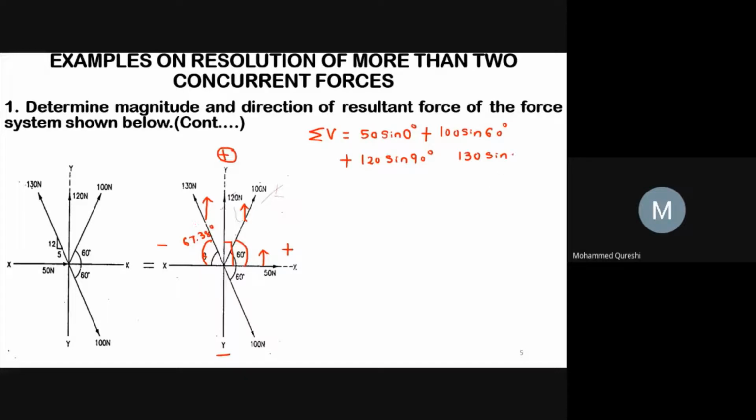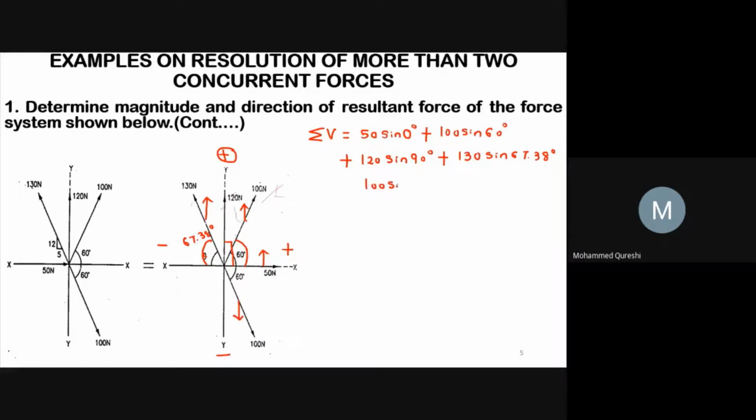So here 130 sine 67.38 degree, and this is also going upward, so this will also be your positive value. Then 100 Newton, so this will be your vertical component.